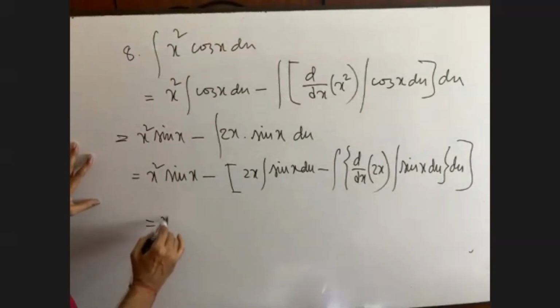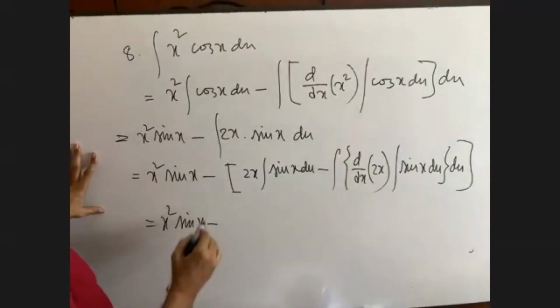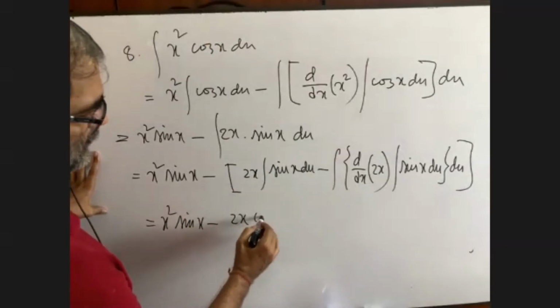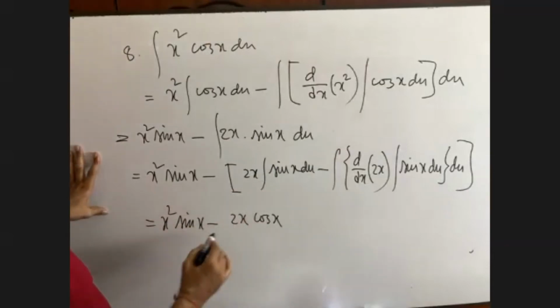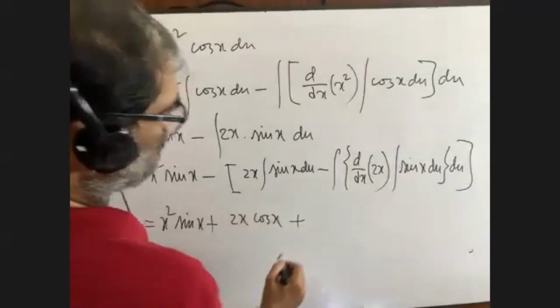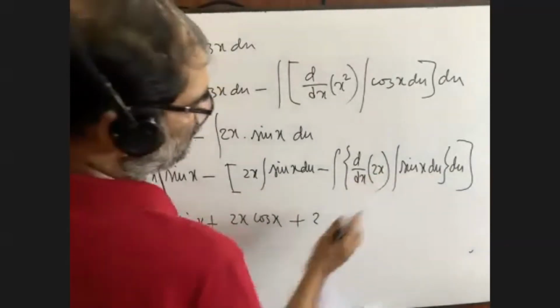That is, we are getting here x square sin x minus 2x, sin x is what? Minus cosine x. Minus minus plus cosine x. Now you see this minus minus, here it is plus. 2x is what? 2. Sin x is what? Minus cosine x.